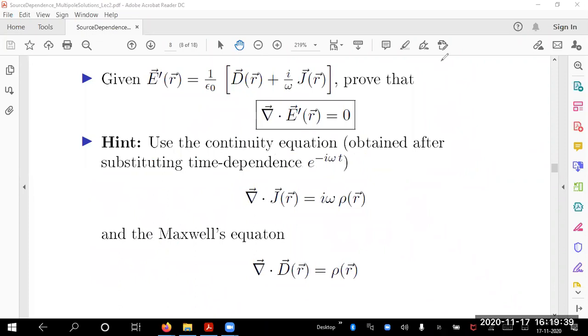Divergence of J of R, since I killed the time dependence, gives I omega rho of R. I have to substitute that when I simplify.